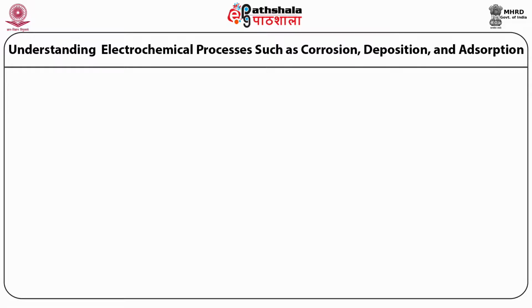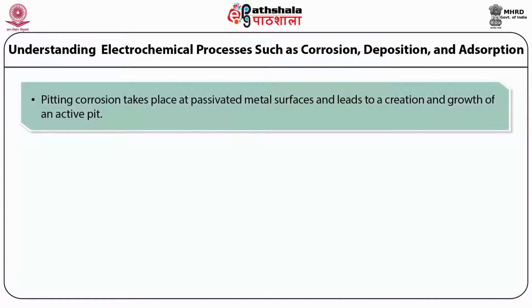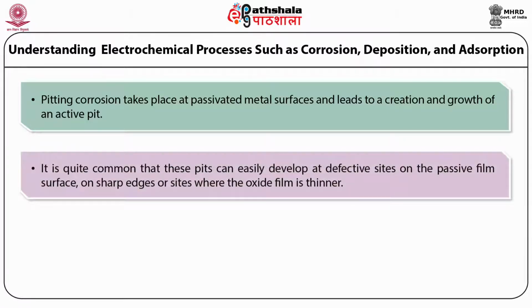So all these can be studied with the help of this technique, but pitting corrosion, which is the most dangerous form of corrosion, takes place at passivated metal surfaces and leads to the creation and growth of an active pit. It is quite common that these pits can easily develop at the defective sites on the passive film surface, on sharp edges, or sites where the oxide film is thinner.